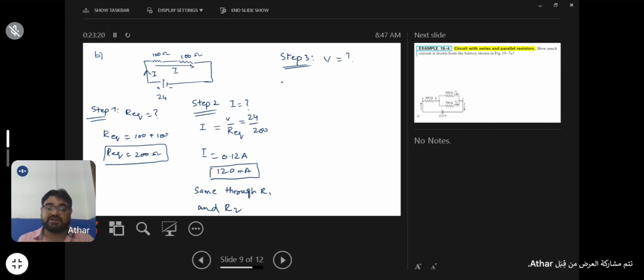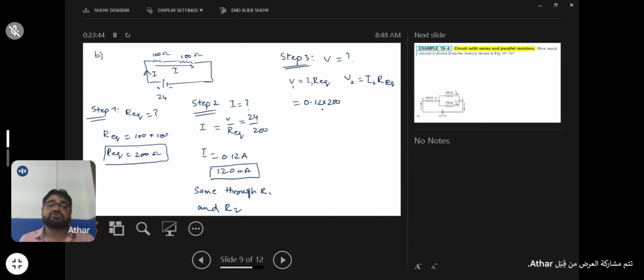But for example, if it is to be found, I will do V1 is equal to I1 R equivalent, V2 is equal to I2 R equivalent, but I1 and I2 are the same. So I will write 0.12 times 200.